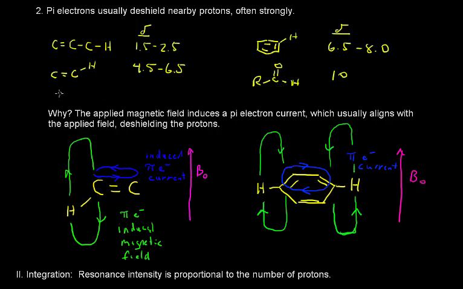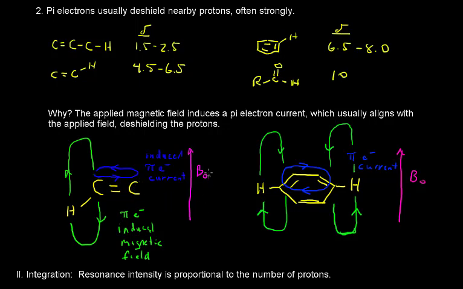So why do pi electrons have this effect? Why are they usually deshielding? I have illustrated that here for a carbon-carbon double bond, and this would be the same for a carbonyl if we had an oxygen here.